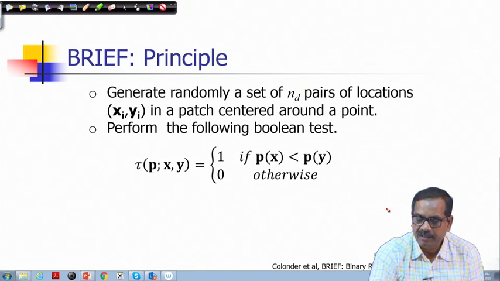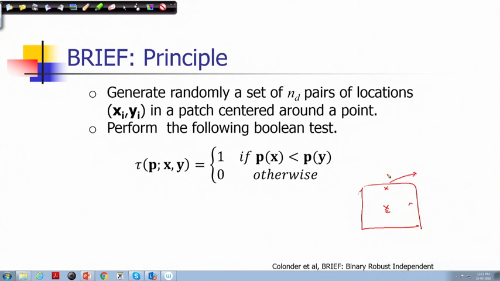So, suppose you have a pixel here, some central pixel C, and around its neighborhood you have randomly defined certain pairing of points. So, this is the point xi and this is the point yi.